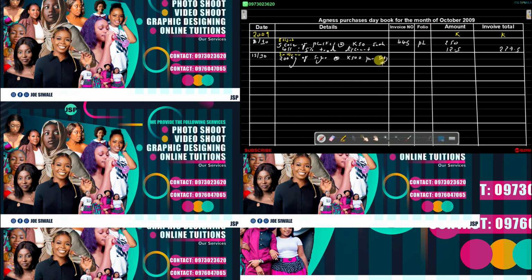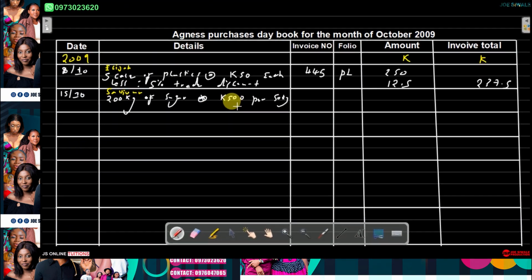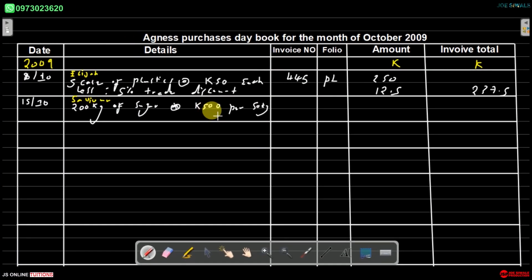So to find the amount there, we can say 200 divided by 50, and we know that's 4. So we'll say 4 multiplied by our 500 kwacha. That means the amount that we're going to have is 2000, and we know the invoice number is 495.